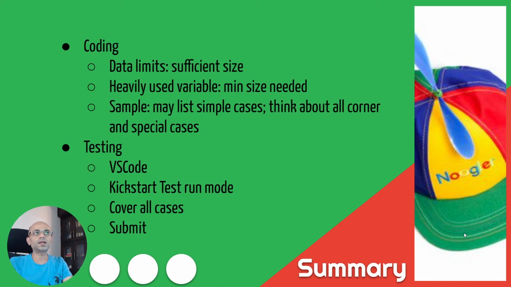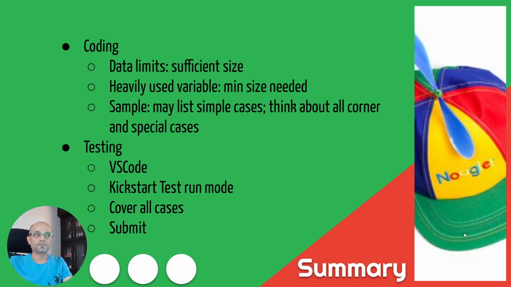And then while coding, based on the data limits, you will choose data types and make sure they are of sufficient size. If a type is heavily used and contributes more to the memory, use the minimum that is needed and don't overuse a bigger one which is not needed.